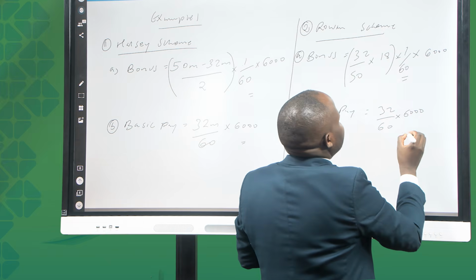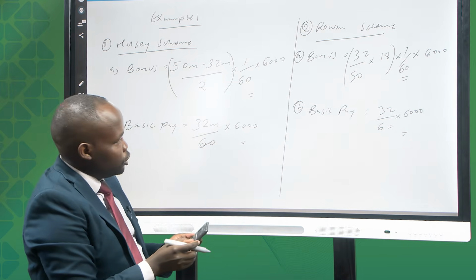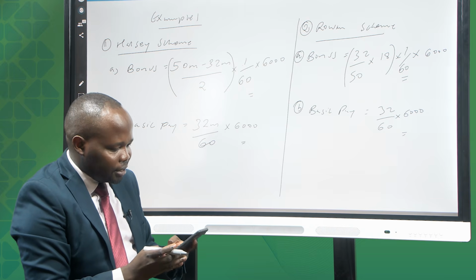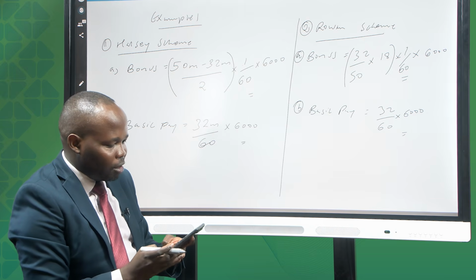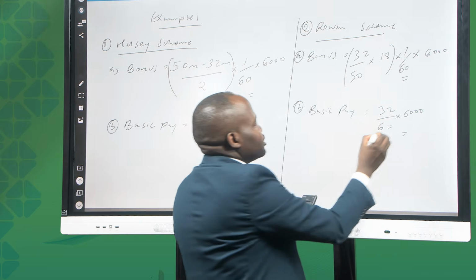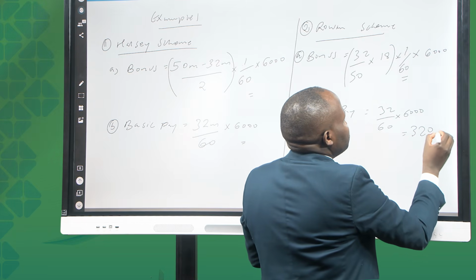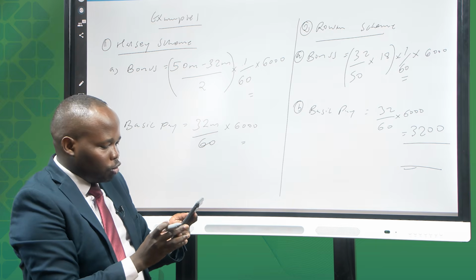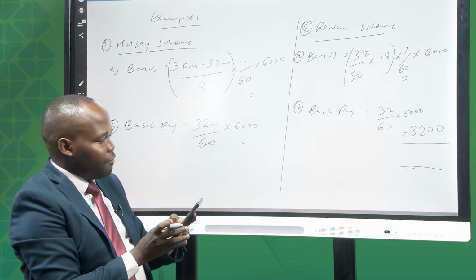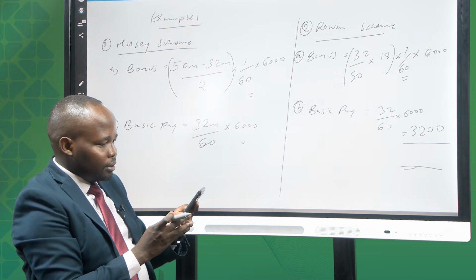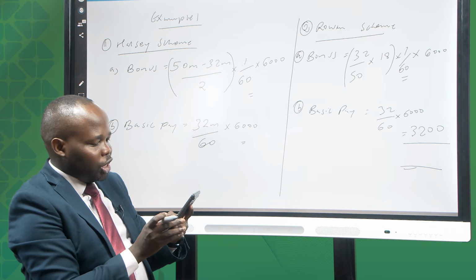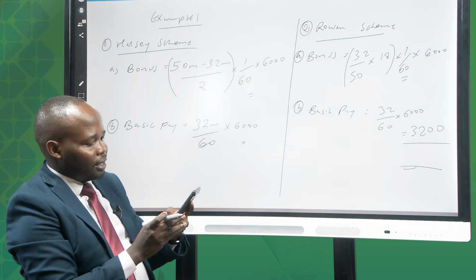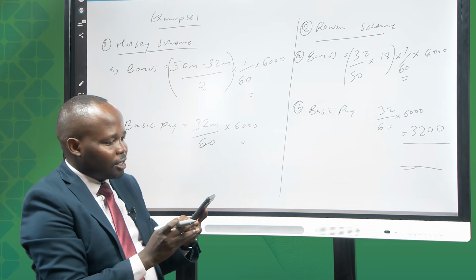So let's get these two answers and then we conclude. So 32 divided by 60 is 0.53 times 6,000. It gives us 3,200. The first one there is 32 divided by 50 times 18 divided by 60 times 6,000.